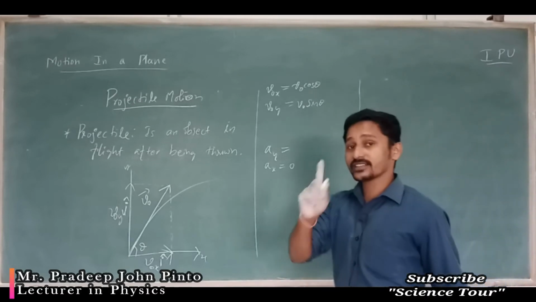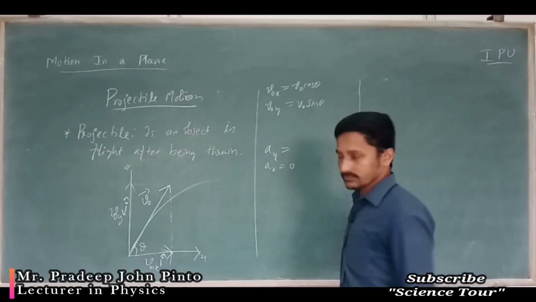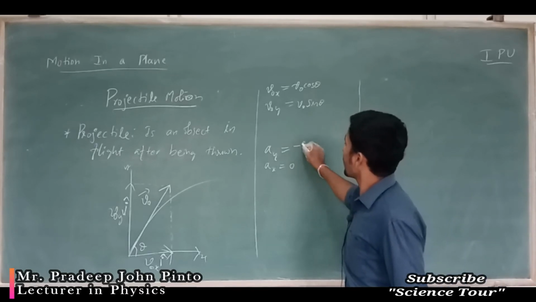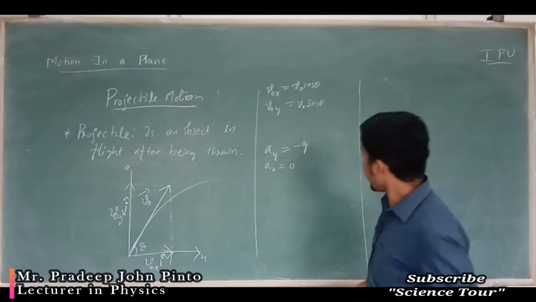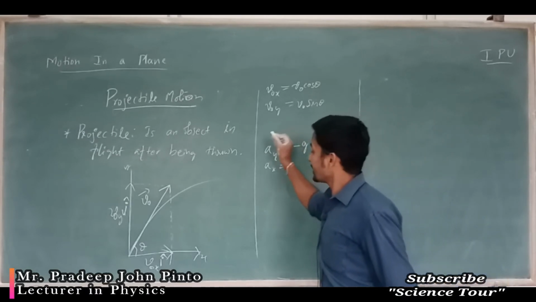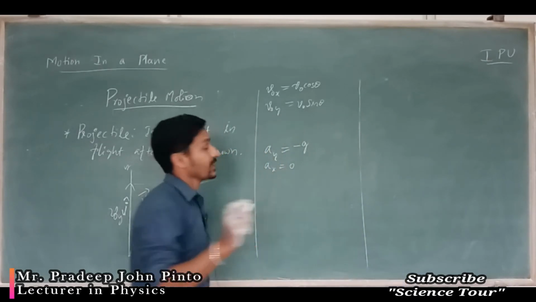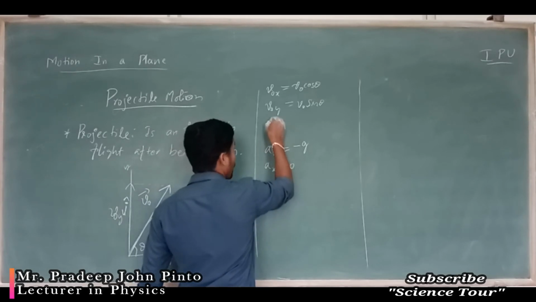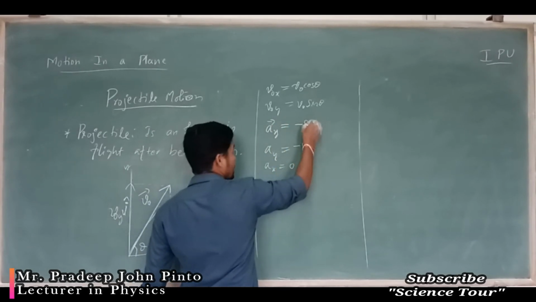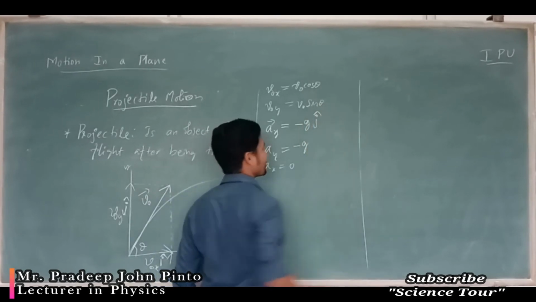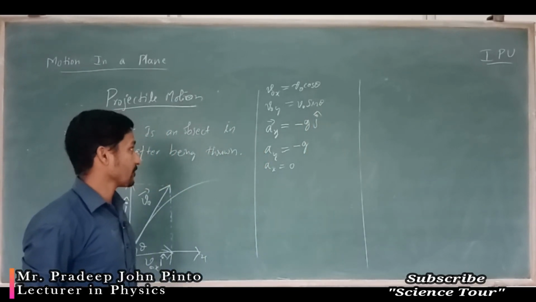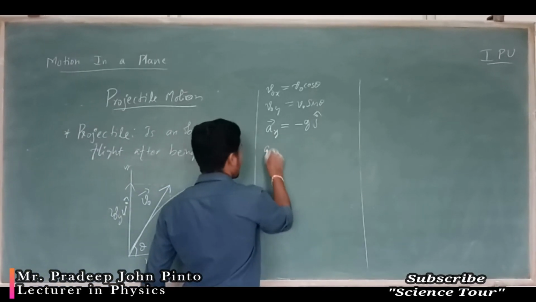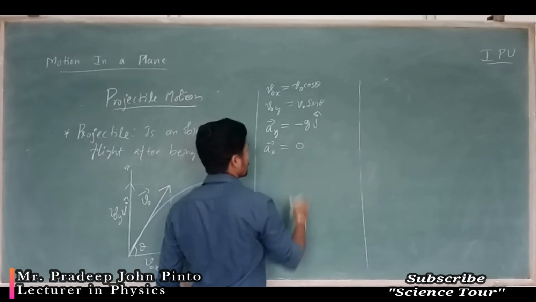But what is the acceleration in y? We have studied in our earlier videos that it is nothing but minus g. Minus g is the value. So in terms of vectors, I can write ay vector equal to minus g j cap, and ax vector equal to 0.